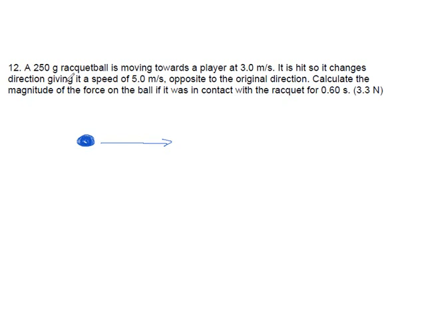Calculate the magnitude of the force if it was in contact for... Okay, so the ball has an initial velocity of 3. We'll say it's going to the right. Then it gets hit and goes back the other way, so its new velocity is 5 in the opposite direction. We'll call that minus 5. These are both meters per second. And it does that in 0.6 of a second, which sounds a little long, but we'll live with it.